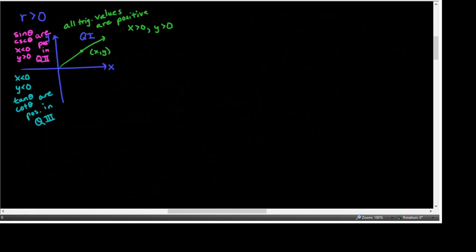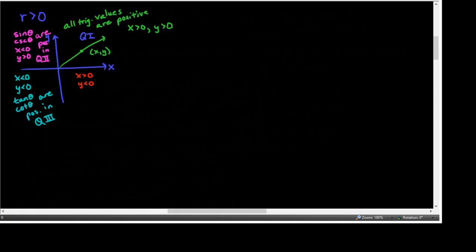Okay, and then finally, quadrant 4, x is positive and y is negative. So, what's going to be positive? Pause the recording and see if you can figure it out on your own. Okay, so since y is negative, y operating with either x or r, both of which are positive, will give you a negative answer.